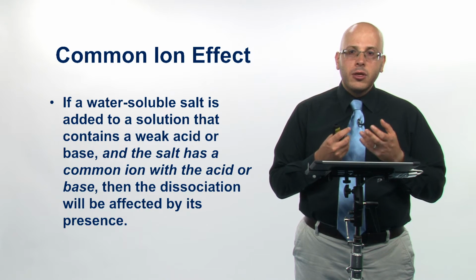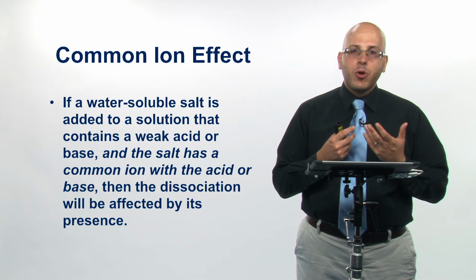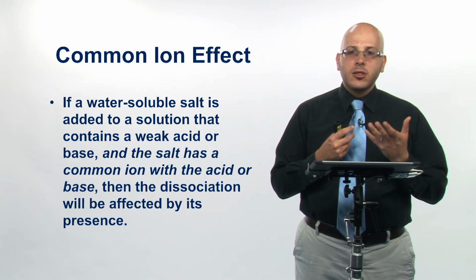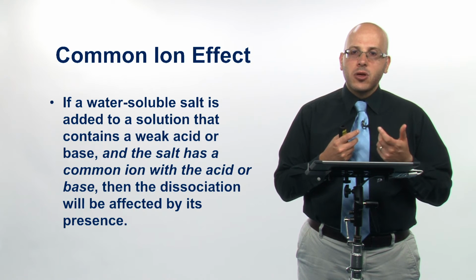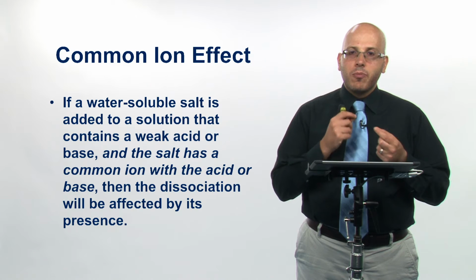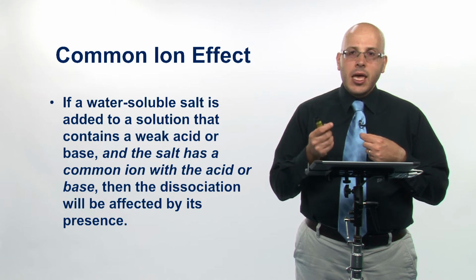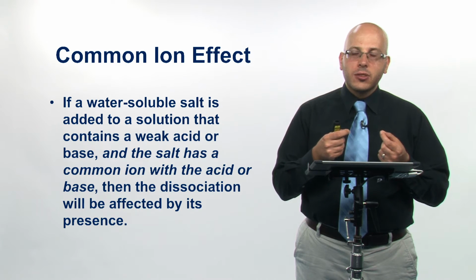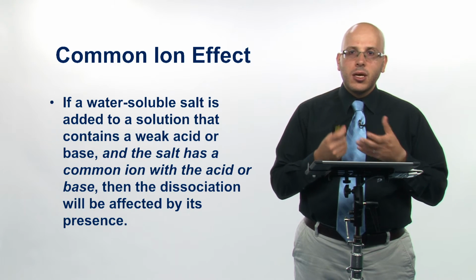A buffer is really just a special kind of solution that has both things in there. It's got an acid as well as the salt of its conjugate base, or a base and the salt of its conjugate acid. They're both in there at the same time to counteract any external additions, so that strong acids or strong bases will react with either the acid or the base that's present in the buffer.